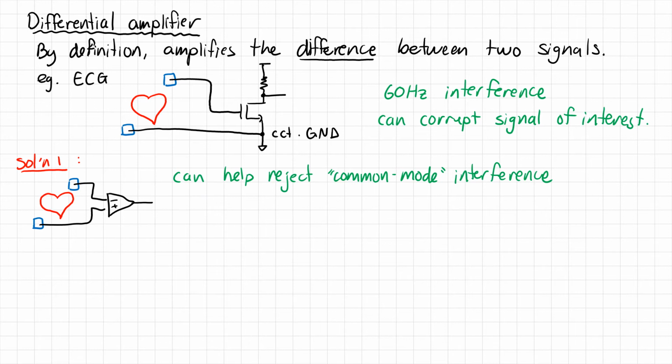Of course, in practice, this can and will happen, but ideally it shouldn't. Okay, so what I'd like to do now is show you the very basic way that we could build a differential amplifier. And that would involve taking two transistors.